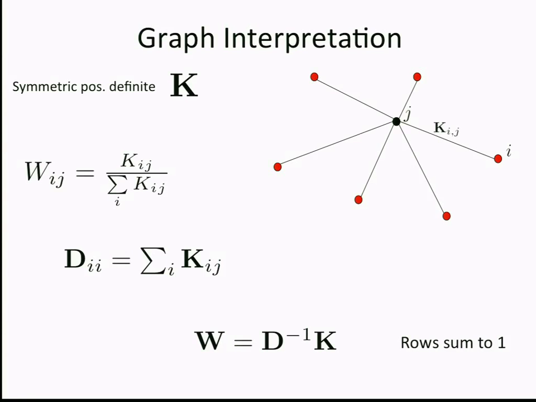W is equal to D inverse K, where D is a diagonal matrix that normalizes the weights, and K is your original weights that you used for the weighted least squares problem. And the key thing is that the matrix W here has rows that sum up to 1. And another name for this is that it is a stochastic matrix, or a Markov matrix.